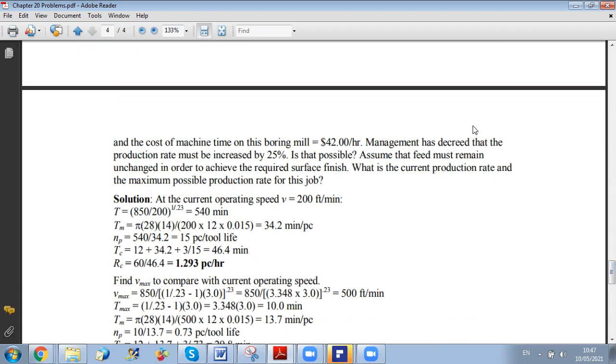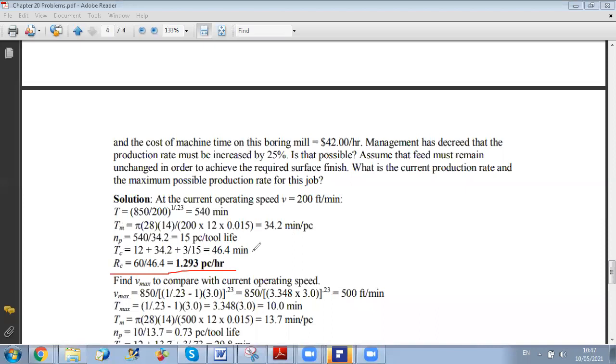So I should first start by calculating the actual rate of production. To calculate it, I can just compute the total time needed for production of one piece. Once you get this time, you divide 60, since 1 hour has 60 minutes, by T total to produce one piece, and you get the rate in pieces per hour.